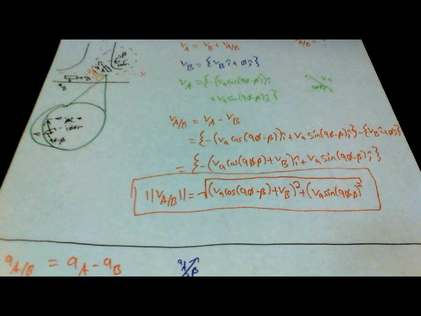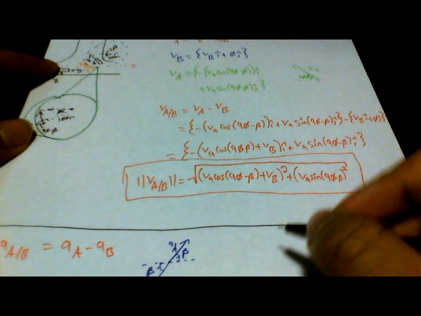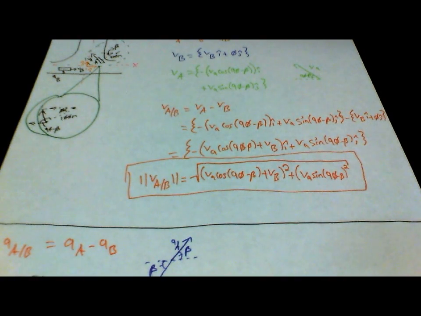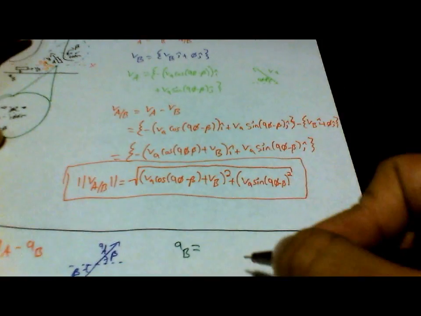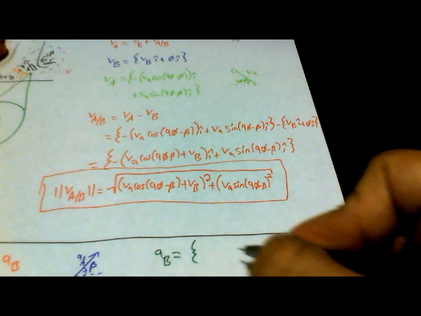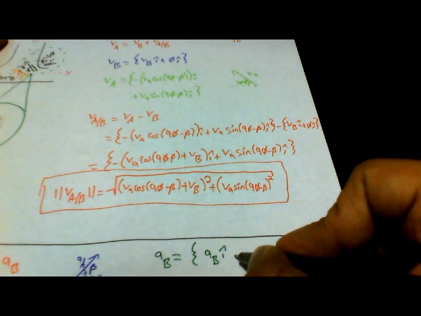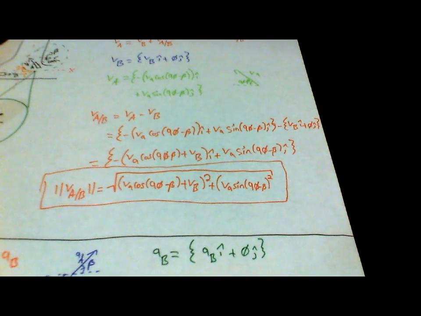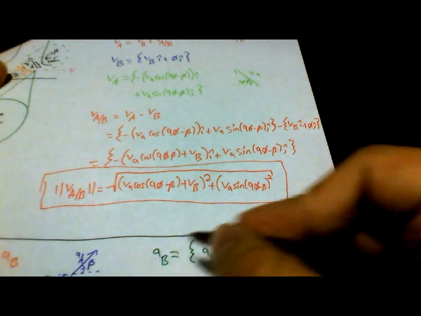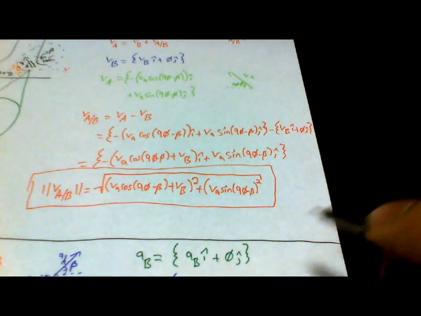So there are going to be no negatives in this except when we subtract, because that just makes sense. So I'm just going to write down what our acceleration of B is. B is a nice easy one. It's very hard to mess up with B. I plus 0 J.